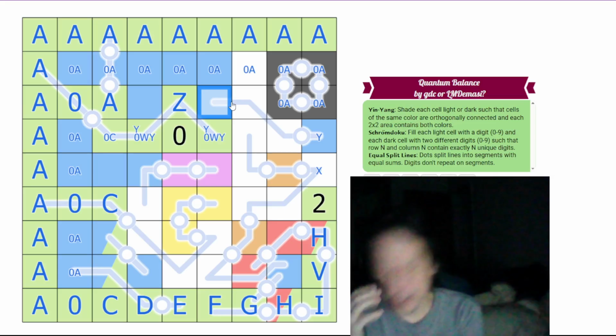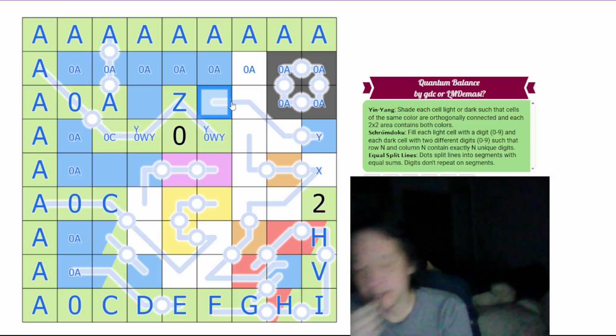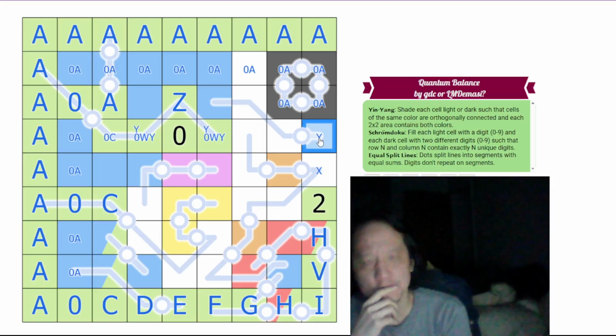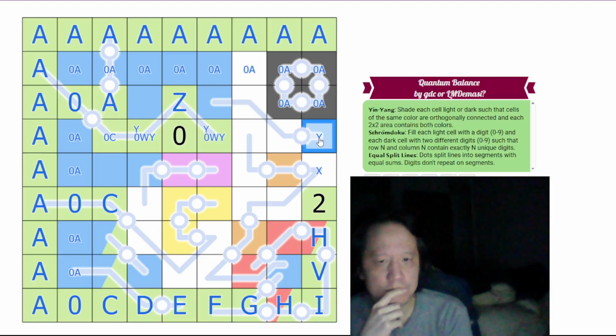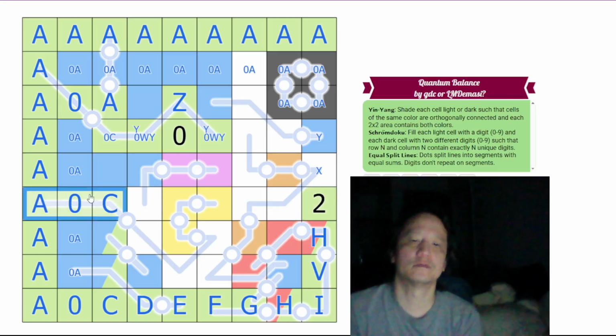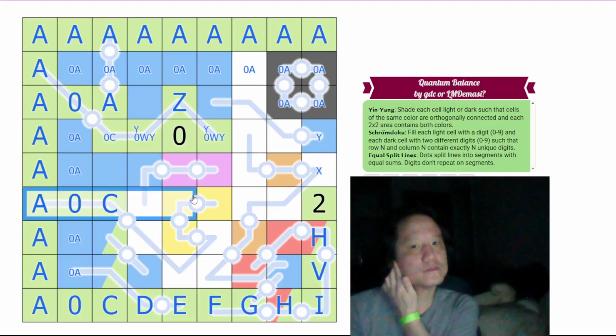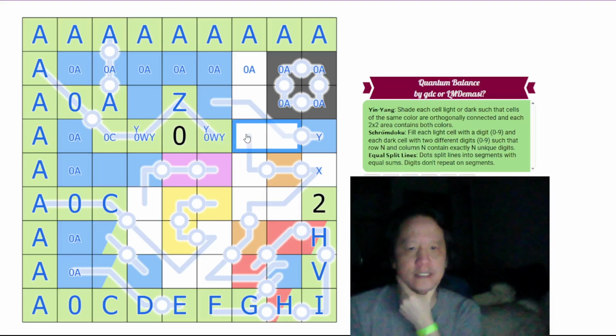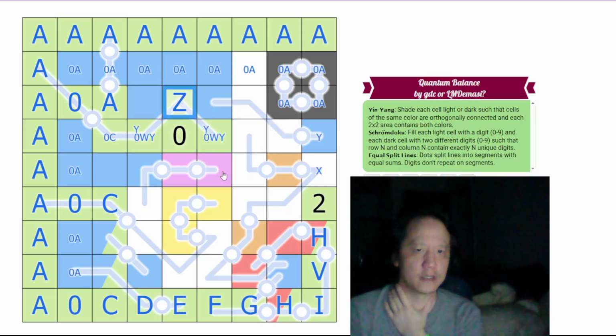This is a combination of 2 digits. Well, this is a combination of 2 digits also. C could be a 2. A could be 2. We don't know. So this is guaranteed to not be Z. So W is not the same as Z. Okay.